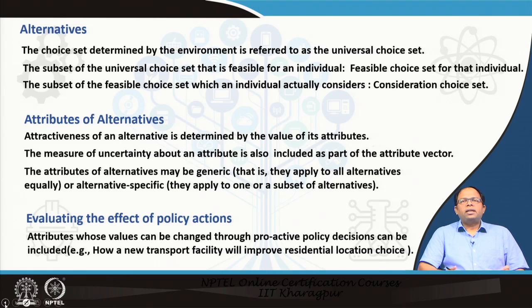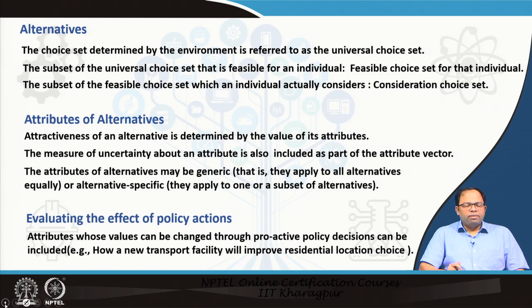For example, if I say there is travel time when we are doing a mode choice kind of problem, then for every mode there is a travel time involved. But in case of transit, the travel time is not only the travel time inside the mode, but also access to the bus stop. So the travel time over here is looked at in a slightly different way.